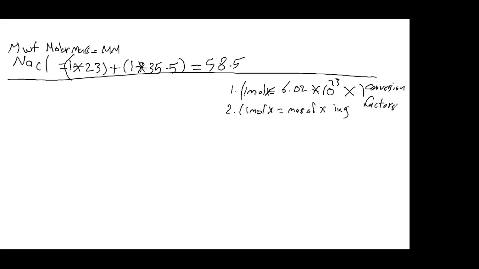What does that mean? As a factor, we can write it as a numerator and denominator. We can say 1 mole of X divided by 6.02 times 10 to the power 23. And we can flip it: 6.02 times 10 to the power 23 X gives us 1 mole.